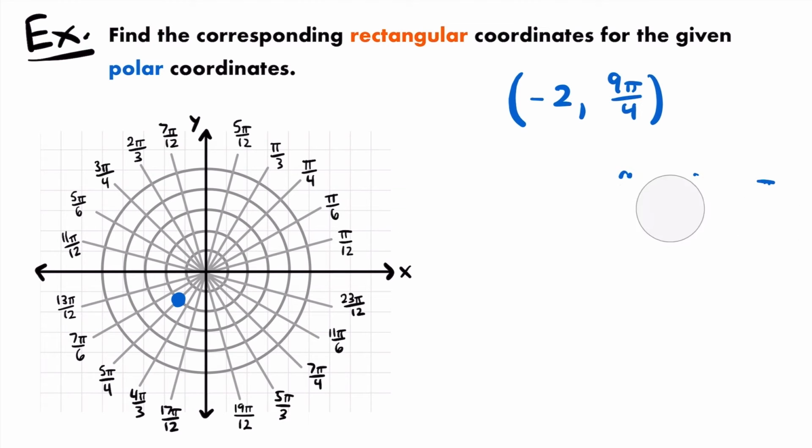All right, so let's work on converting our polar coordinates to rectangular coordinates. In this case, we know that r is equal to -2 and theta is equal to 9 pi divided by 4. But in order to make our calculations easier when we use our equations, instead of using 9 pi divided by 4, we could also just use pi divided by 4, right?